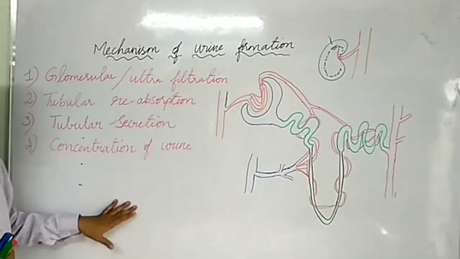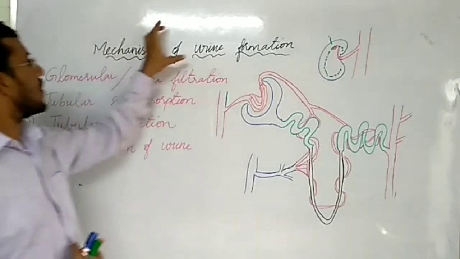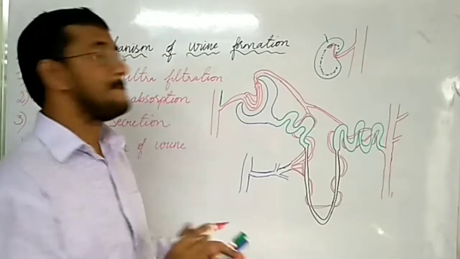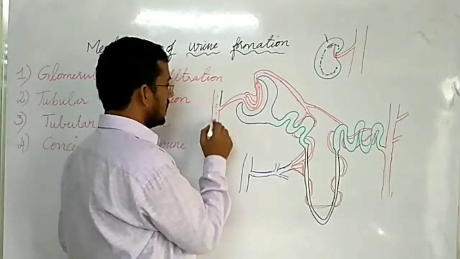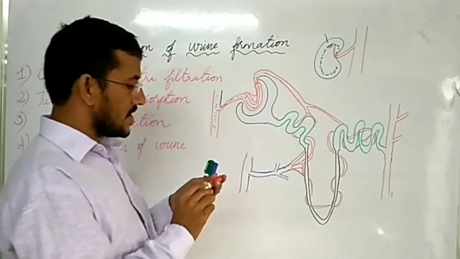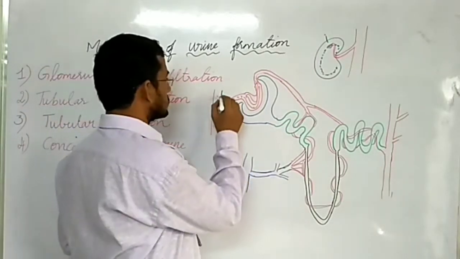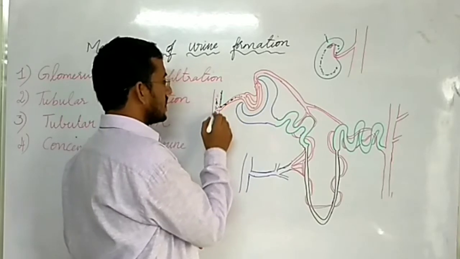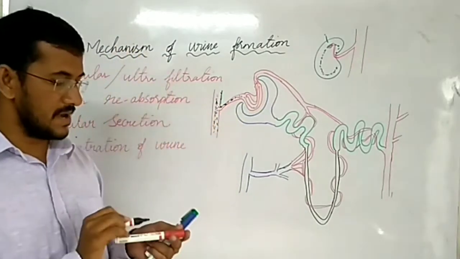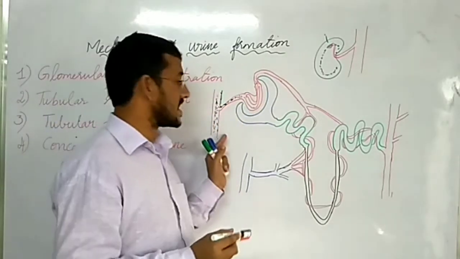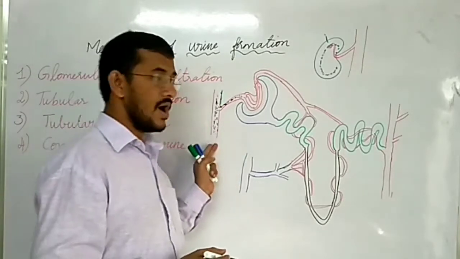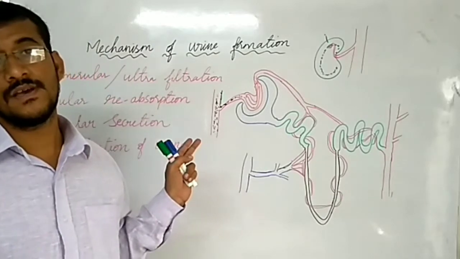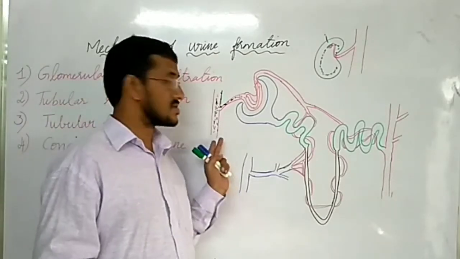Now let us see how urine is formed. The renal artery brings oxygenated blood fully loaded with waste materials. This blood contains many blood cells, water, plasma and many nutrients, waste materials, oxygen.